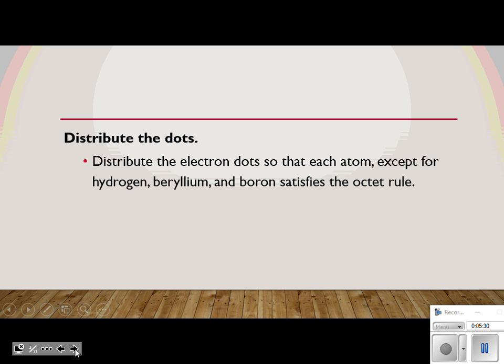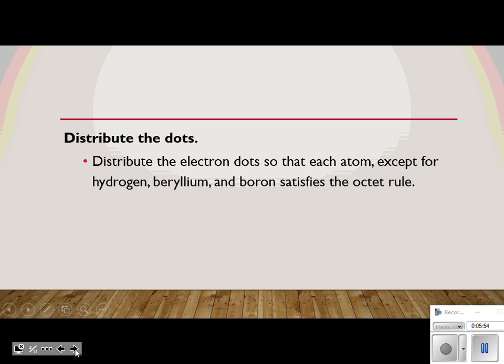Distribute the dots. Your goal that you're trying to achieve is the octet rule. What was the octet rule? With how many? With 8 electrons.